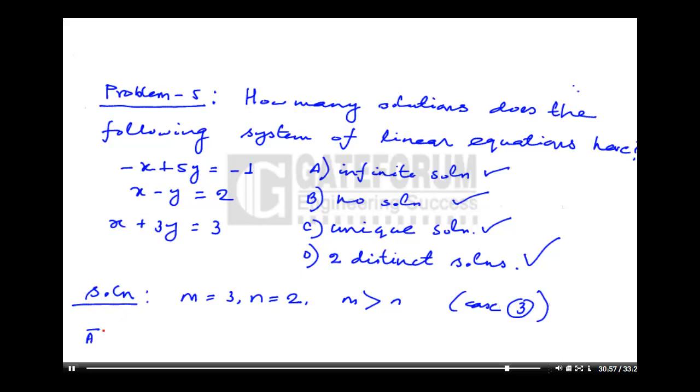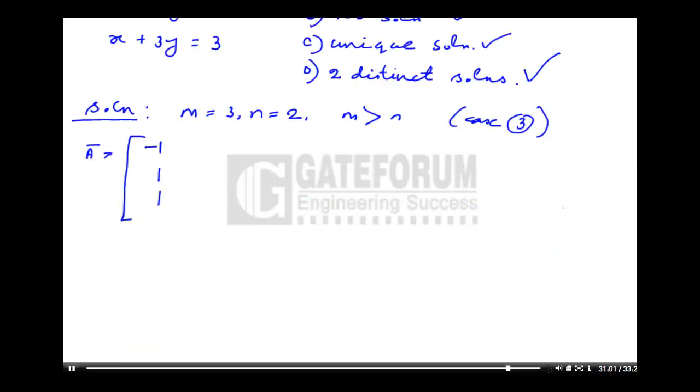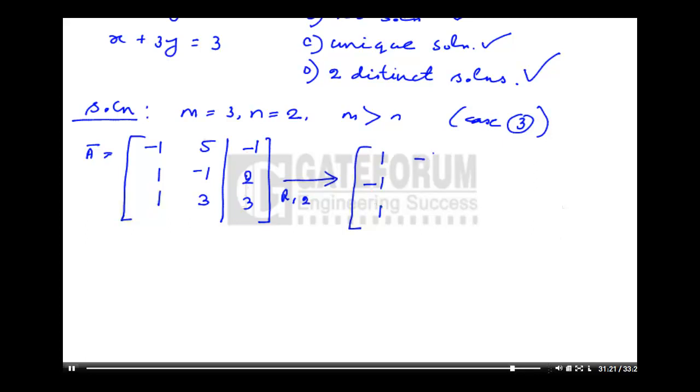The augmented matrix we can write as -1, 1, 1, 5, -1, 3, -1, 2, 3. We apply elementary row operations, R12, and we get 1, -1, 1, -1, 5, 3, 2, -1, 3.